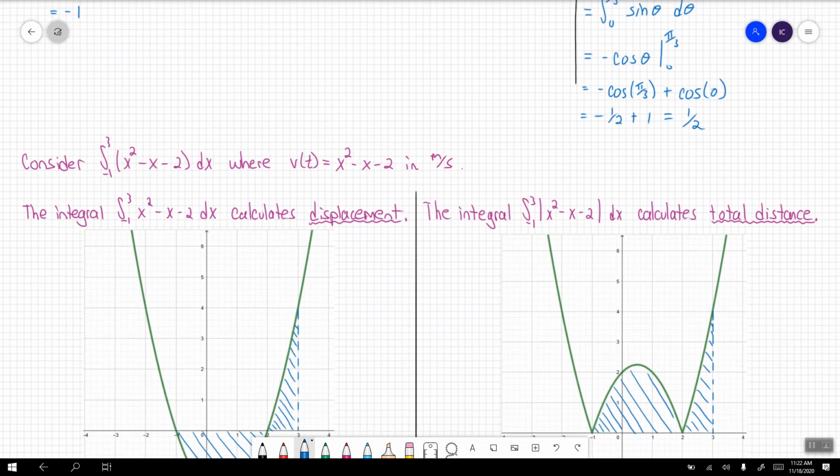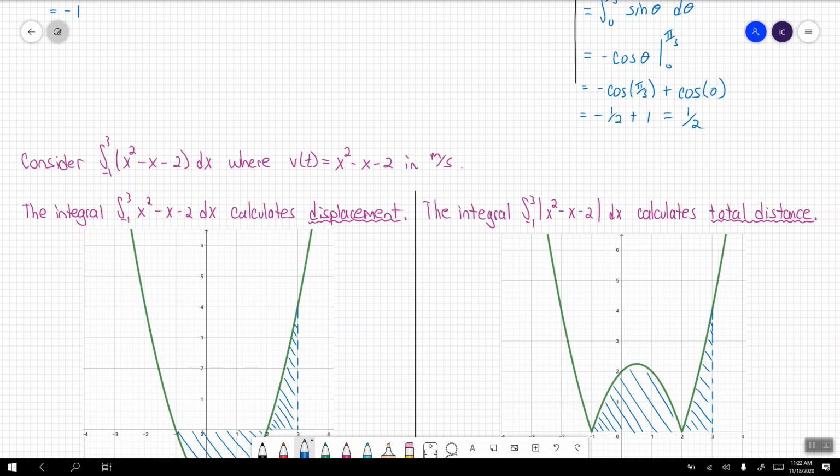Here I have the integral from -1 to 3 of the function x squared minus x minus 2 dx, where we have velocity.